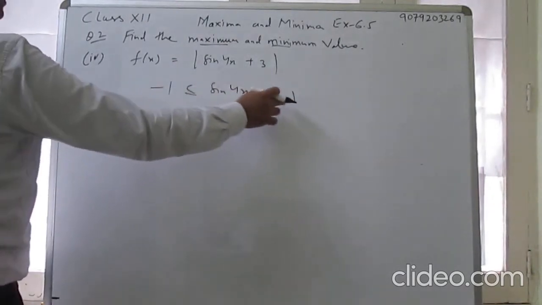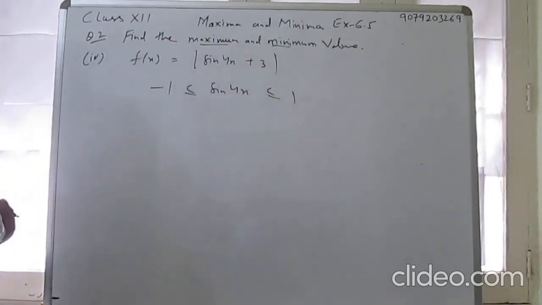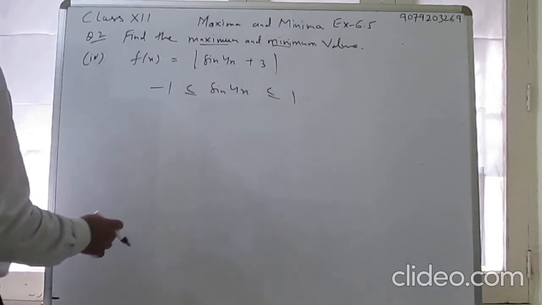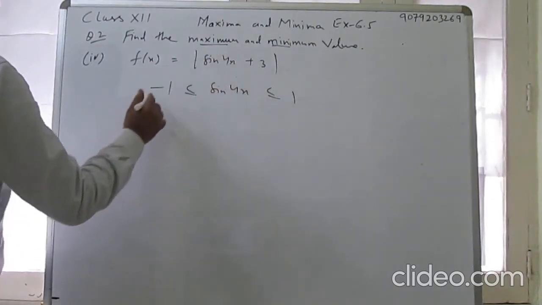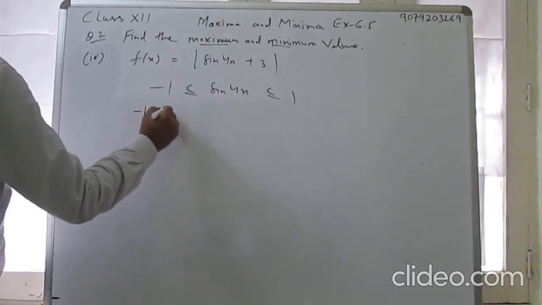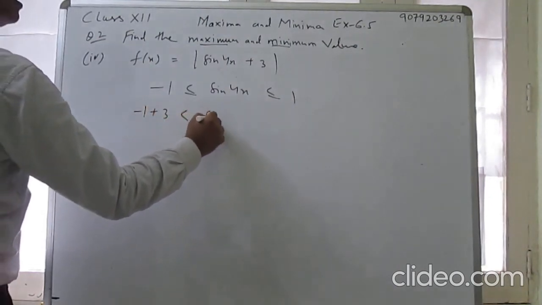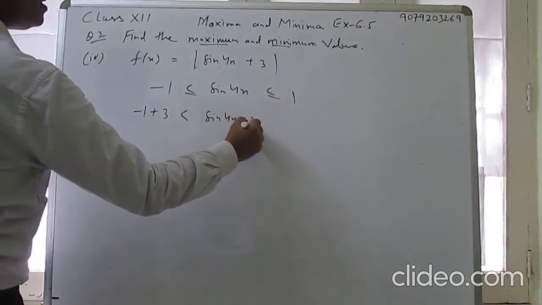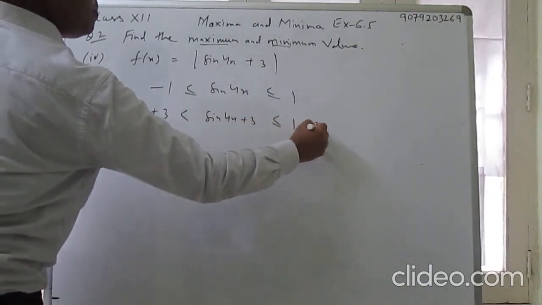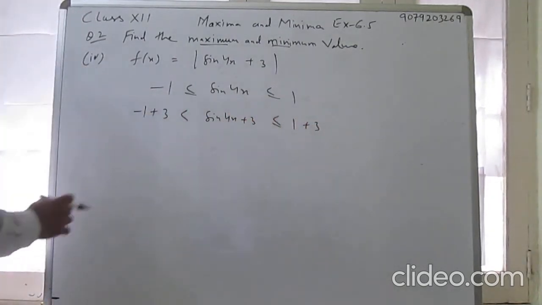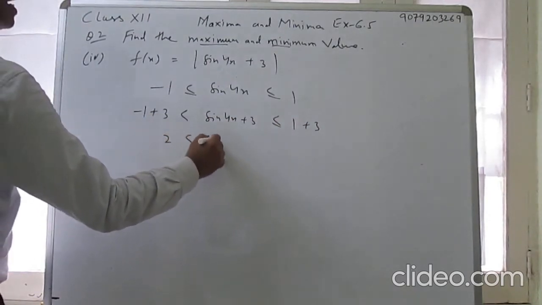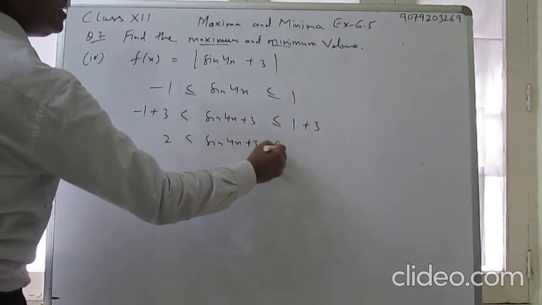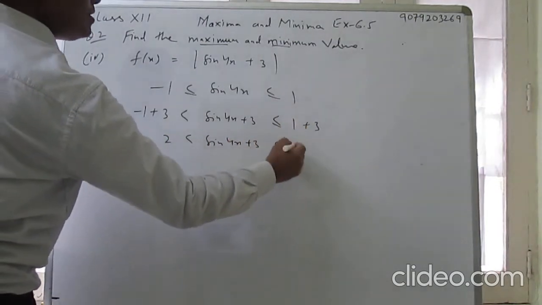Minimum value of sin is minus 1 and maximum 1. So if you add 3, minus 1 plus 3 is 2, and 1 plus 3 is 4. Now it becomes 2 ≤ sin 4x plus 3 ≤ 4.